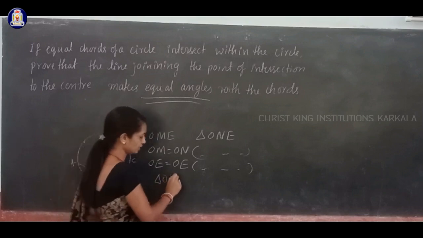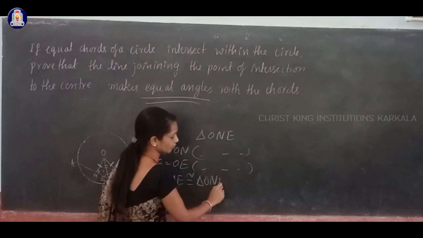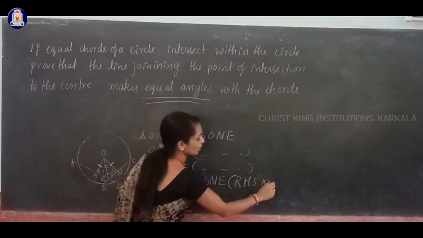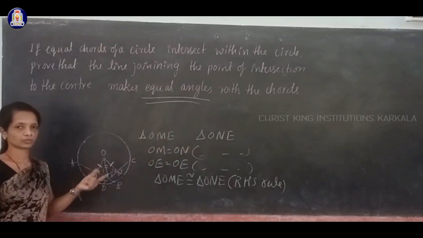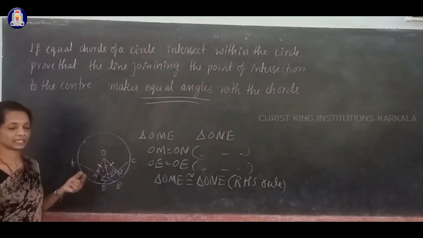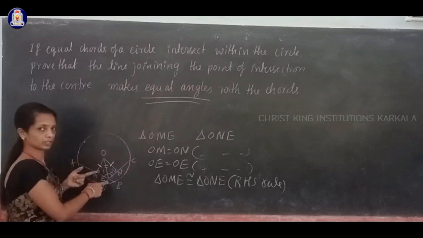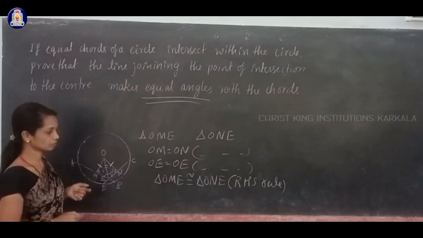Triangle OME is congruent to triangle ONE by the RHS rule. Why? Because according to the RHS rule, to say two right angled triangles are congruent, you have to show their hypotenuses are equal, and other than the hypotenuse, one pair of sides must be equal.